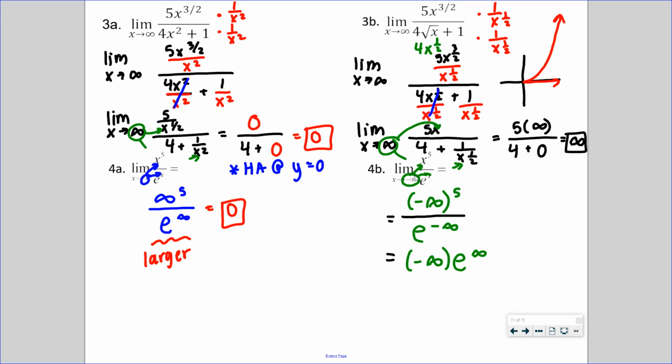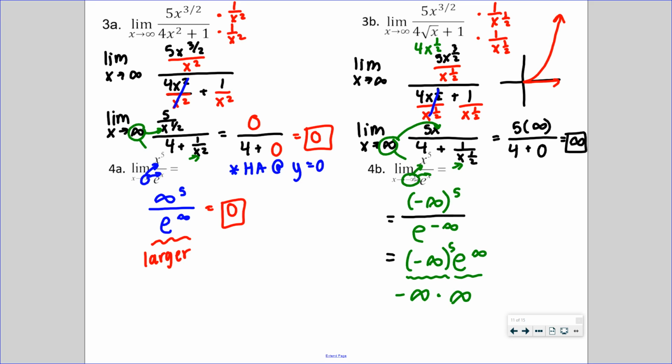So now I don't really have this battle of is my numerator larger, is my denominator larger. I see here I have negative infinity to the power of 5, which is just going to be going off to negative infinity. E to the power of infinity is probably going to be larger, but now we have this setup where I really have a negative big value times a positive big value.